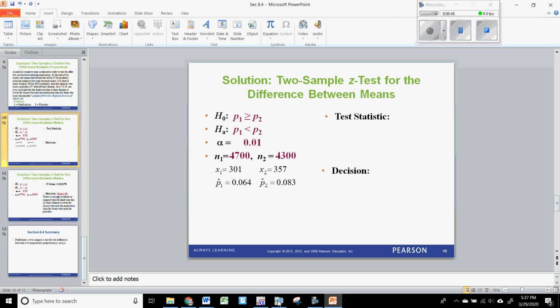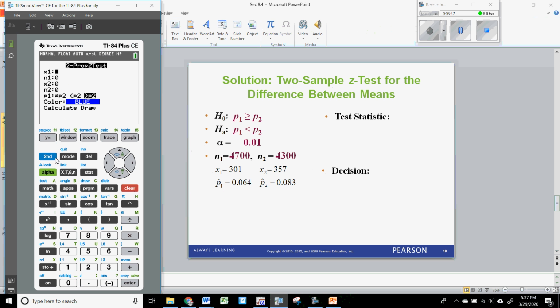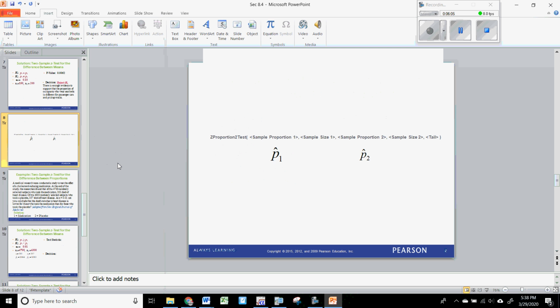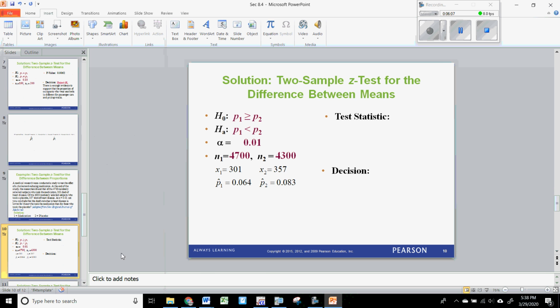So for those of you doing it on the computer, you would need to go to the calculator and take 301 divided by 4,700 to get 0.064 as your p hat, so that when you went into the computer, you could type in your p hat. So you can do it either way.